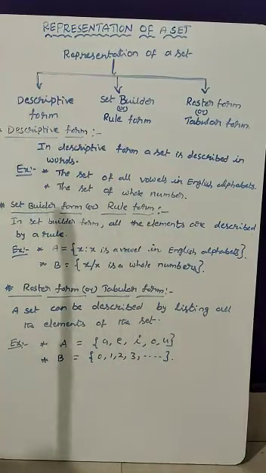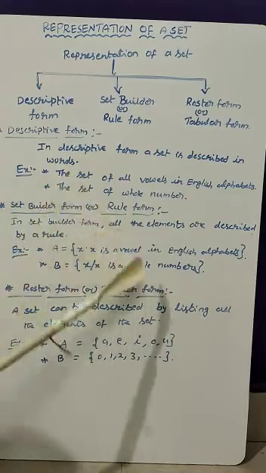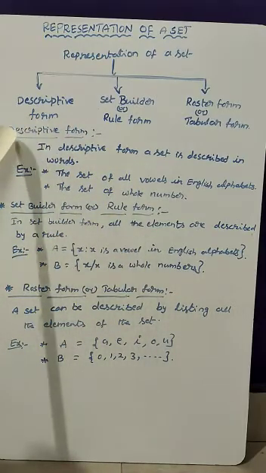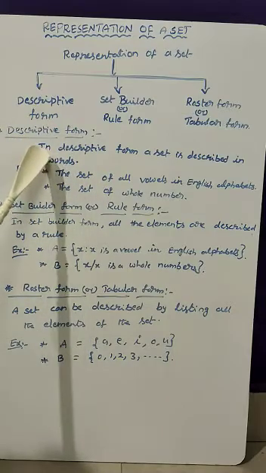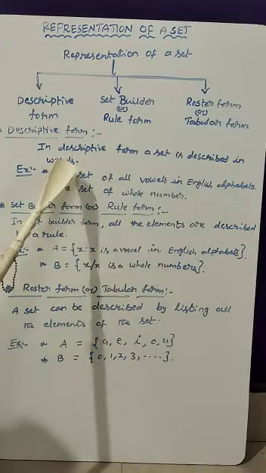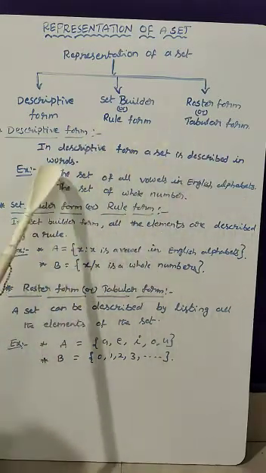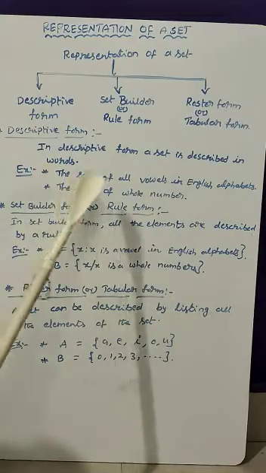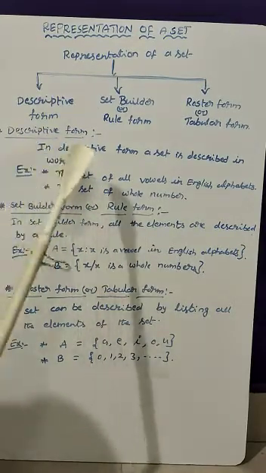So first, I will explain each one with its definition and example. Look here. The first one is the descriptive form. In descriptive form, a set is described in words. Only words, you have to write the sentence. That is called the descriptive form.